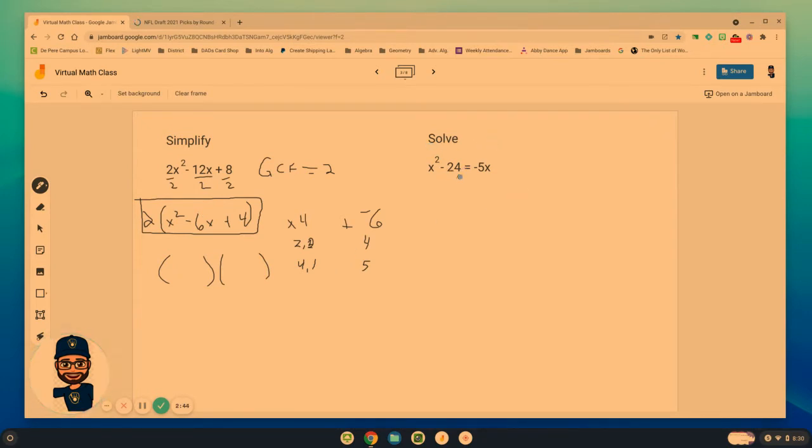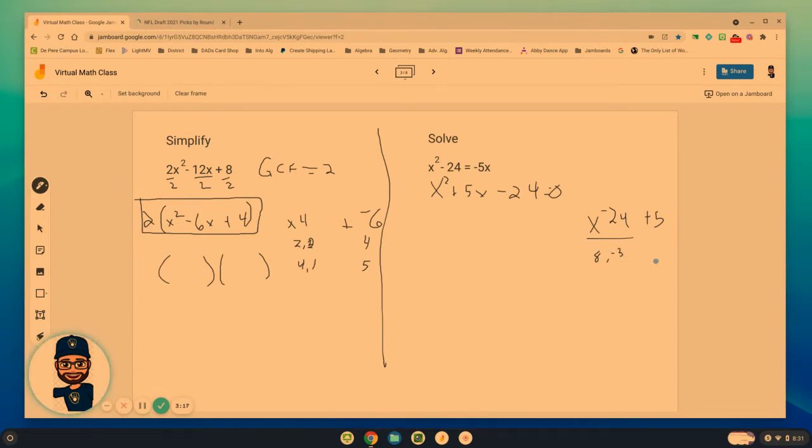The second one: solve x squared minus 24 equals negative 5x. If we're going to solve, our equation does have to equal 0. So we move the 5x over to say x squared plus 5x minus 24 equals 0. We are looking for two numbers that multiply to negative 24 and also add up to 5. 8 and 3 make up 24, but I want negative 24.